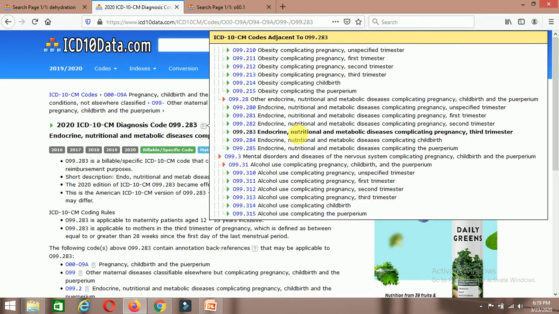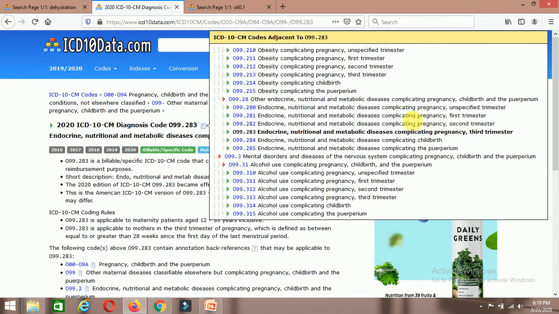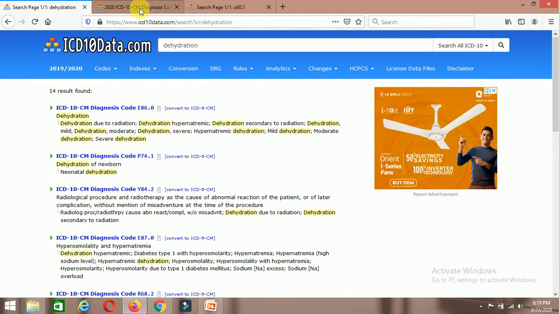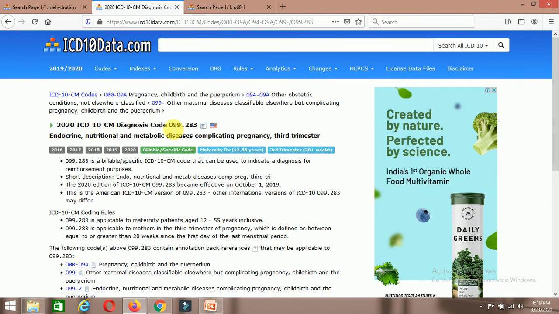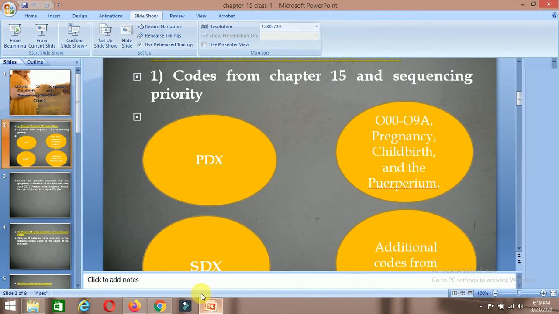Based upon the trimester we have the classification. What is the trimester? I will explain later. So first we code the ICDs of the O series, and then later we code the dehydration. First we give the O series related to the particular disease, and then the other chapter ICD. That is how we code for a pregnant patient.